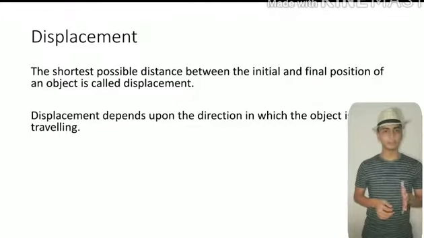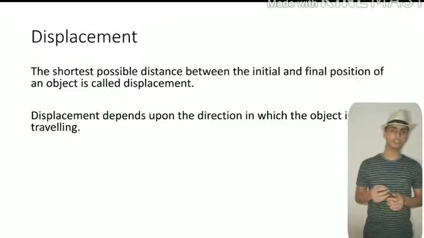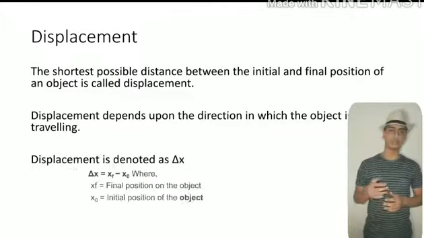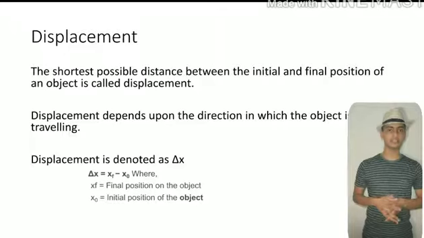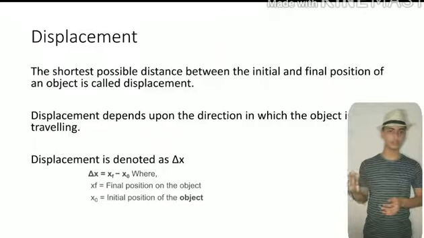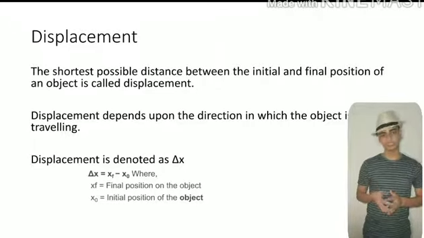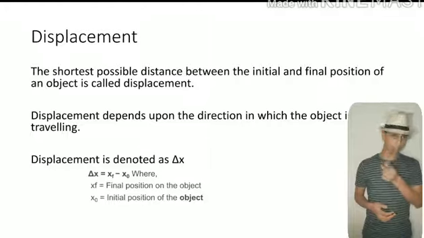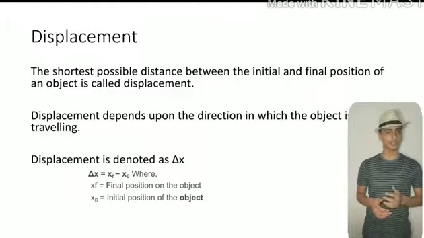The displacement depends upon the direction in which the object is traveling. The displacement is denoted as del x, and del x is represented as x_i minus x naught, where x_i is the final position of the object and x naught is the initial position of the object.